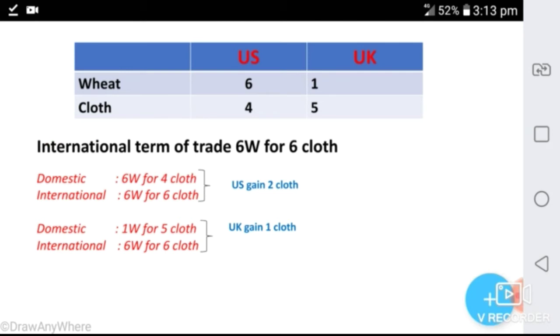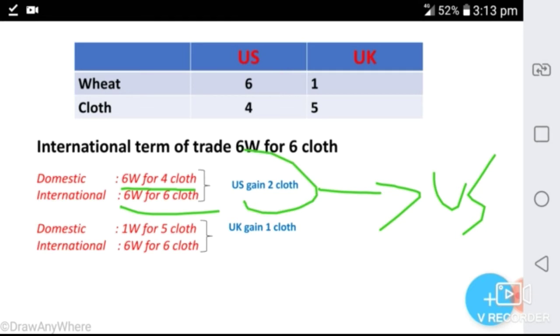If US goes for domestic trade, that means within its boundaries, it will get 6 wheat for 4 cloth. But if US goes for international trade, then it will get 6 wheat for 6 cloth, which means that US gains 2 cloth from international trade.